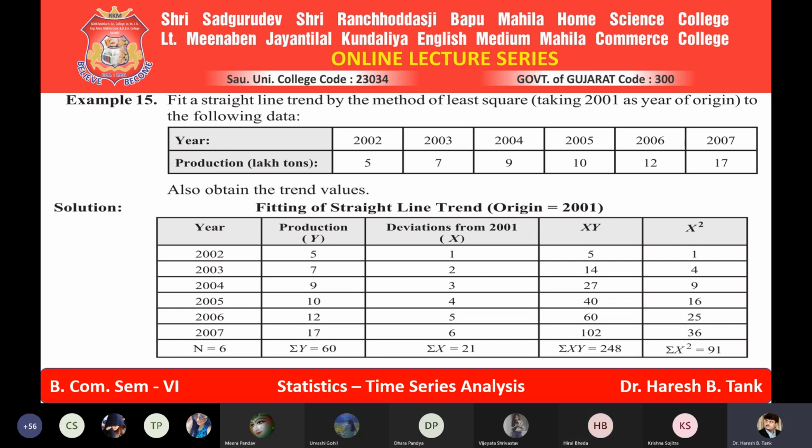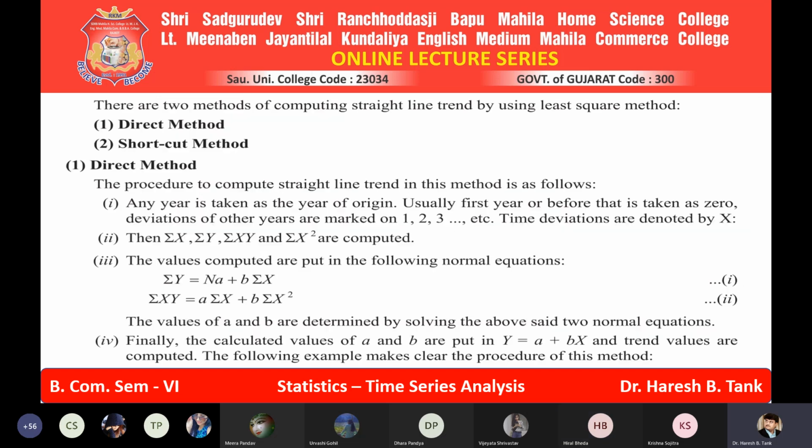I'm coming back to that part. Summation of y is equal to n times a plus b times summation of x, right? The second equation was summation of xy, which is equal to a times summation x plus b times summation of x square. Okay. Apart from a and b, just list down what are the things.